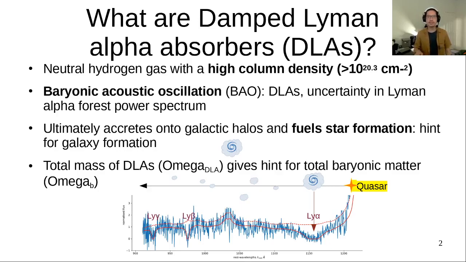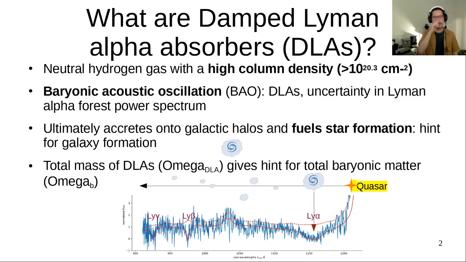In the cosmological context, the Lyman alpha forest is a tool to build the power spectrum, and DLAs are usually considered systematics that bias the estimate of BAO. So if we want to do baryonic acoustic oscillation analysis out of the spectrum produced by the Lyman alpha forest, you need to remove DLAs first.